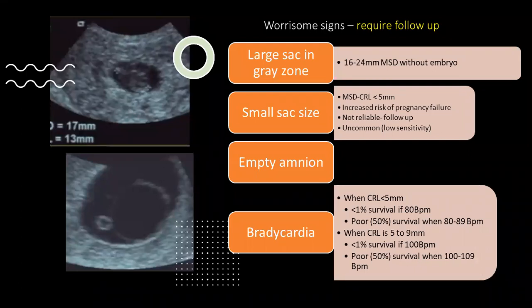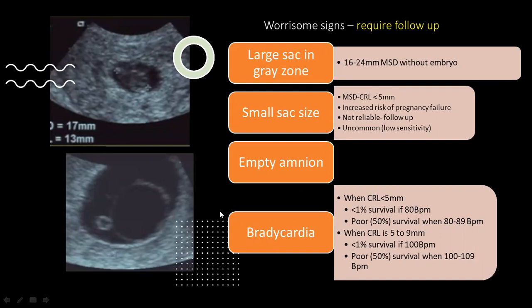But according to literature, some of these pregnancies eventually become viable. So it's just a worrisome picture, but some of them eventually miscarry. So we need to follow it up as it increases the risk of pregnancy failure, but it is not reliable, as some of the pregnancies eventually become normal.